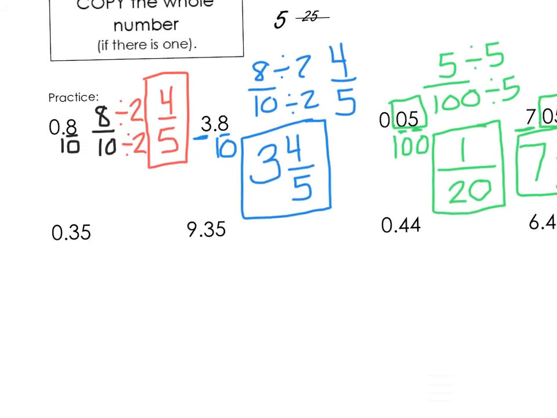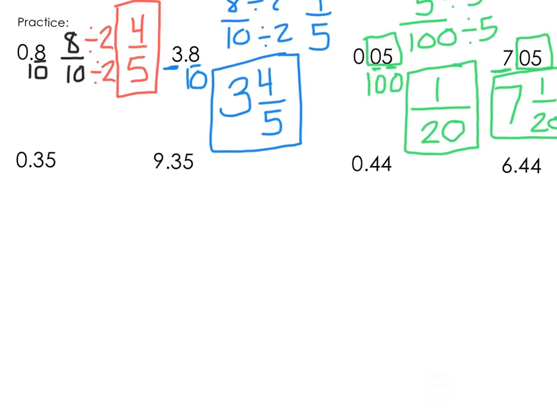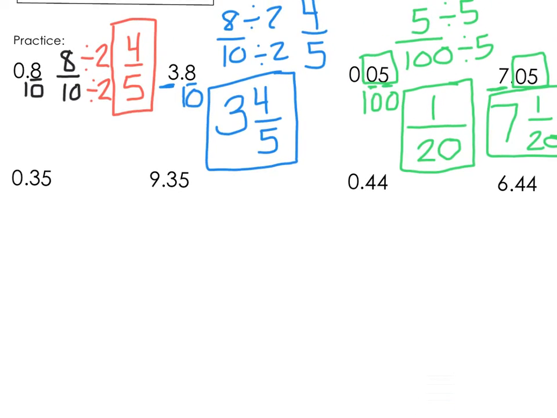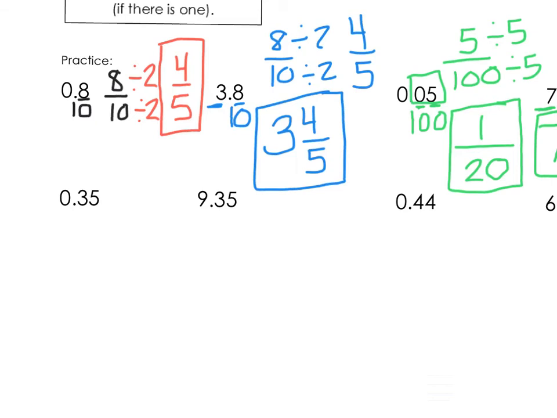So don't forget to copy the whole number in front, okay? All right, let's look at these bottom 4. Notice that we have the 0.35 or 0 and 35/100, and then 9 and 35/100. So I'm going to kind of work these out together.